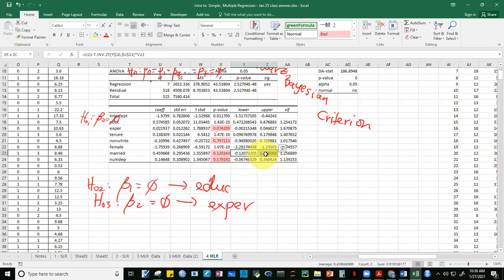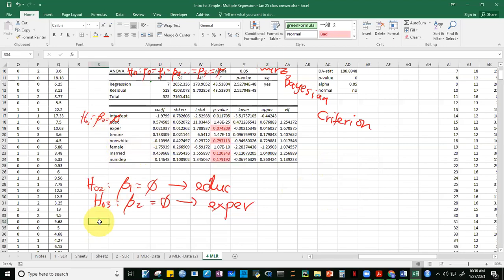So possibly ang values niyan 0. So kung 0 yung mga coefficients niyan, then wala siyang effect kay hourly wage. Okay? So, ilalabas na hindi natin isasama tong mga coefficients na to.